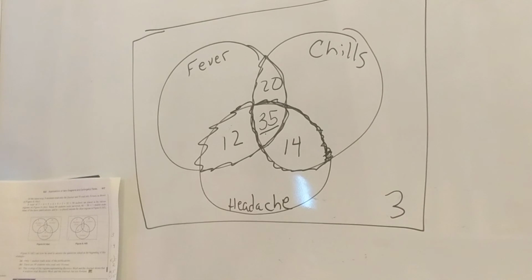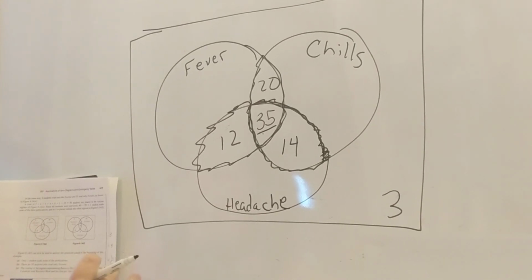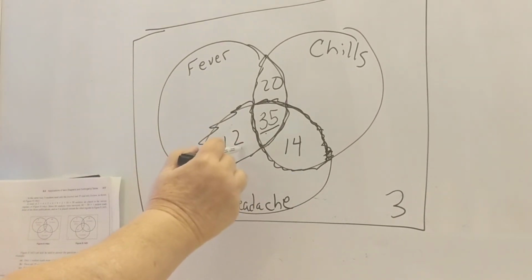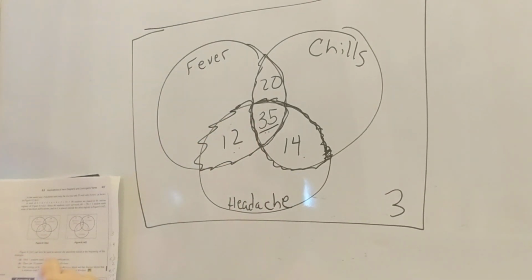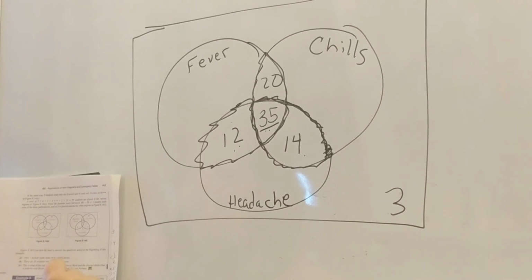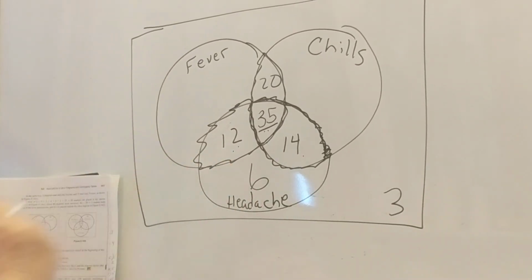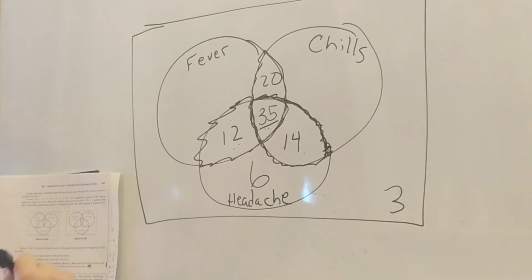Well, in all, there were 67 people that had a headache. Now, they might have had other things too, but they had a headache. So I add up what I've got in the headache circle. 14, 35, and 12. I believe that's 61, and it's supposed to be a total of 67, so that's 6 more. All right, 72 reported chills.